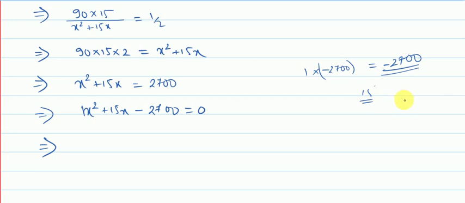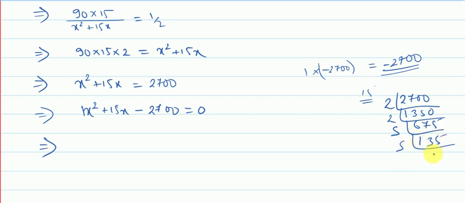Okay, so let me do prime factorization. 2700 divided by 2 is 1350, by 2 is 675, by 3 is 225, by 3 is 75, by 3 is 25, by 5 is 5, by 5 is 1.